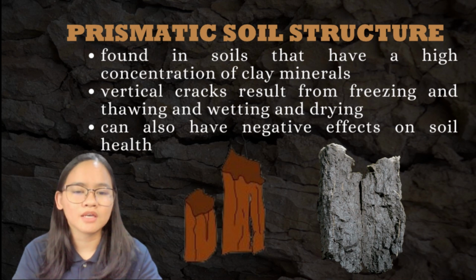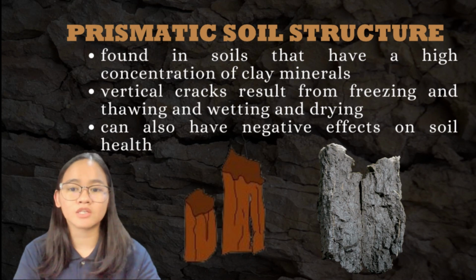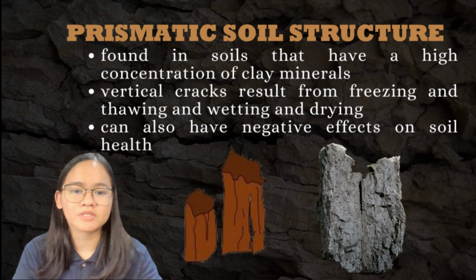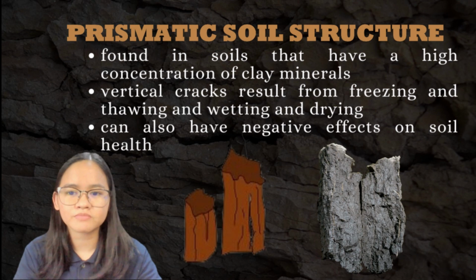On the one hand, the vertical columns can provide channels for water and air to move through the soil, which can improve soil drainage and aeration. Additionally, the presence of prismatic structure can help to stabilize the soil, reducing the risk of soil erosion.